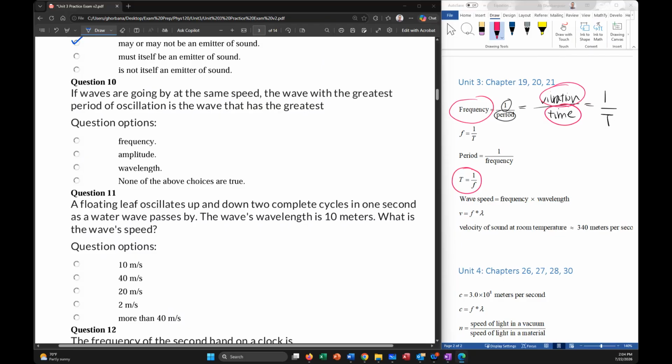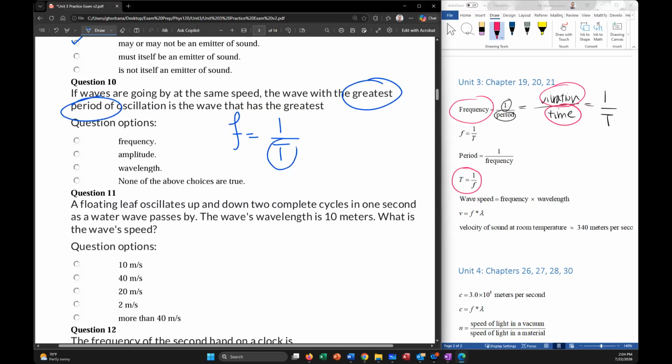So which one do you think? It's telling that if waves are going by the same speed, the wave with the highest period. So it means that if we have frequency equal 1 over T, if we have the highest period, the frequency will be smaller, because the frequency and period are inversely related to each other.